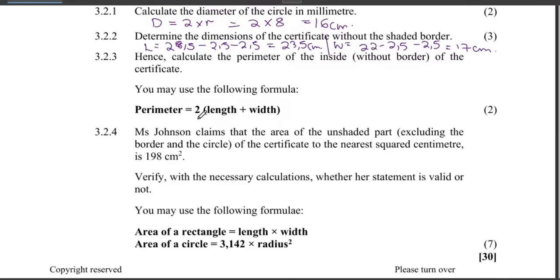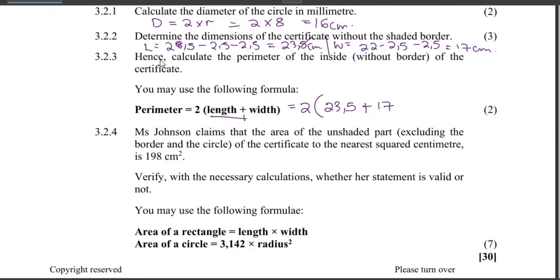So we are continuing. What do they say? Hence, calculate the perimeter of the inside without the border. So you've got the measurements on top here. So just come and substitute. Please, whenever you're given a formula, fight hard to see that you substitute correctly. So the formula here says 2, yes. What is the length? We've just got it as 23.5 plus, what's our width now?